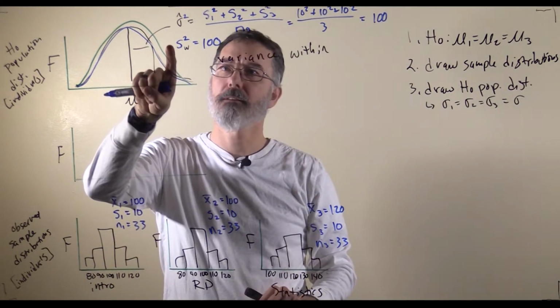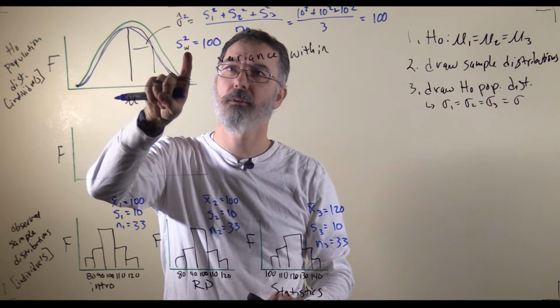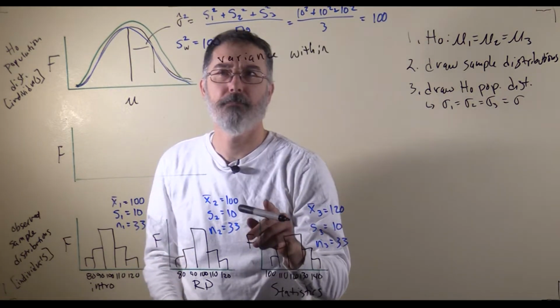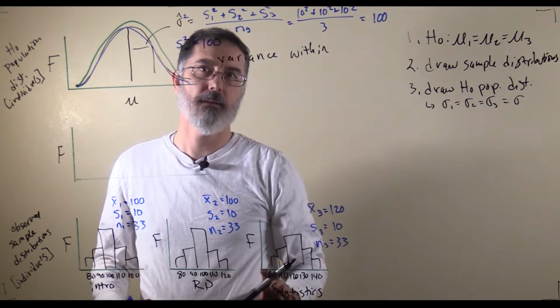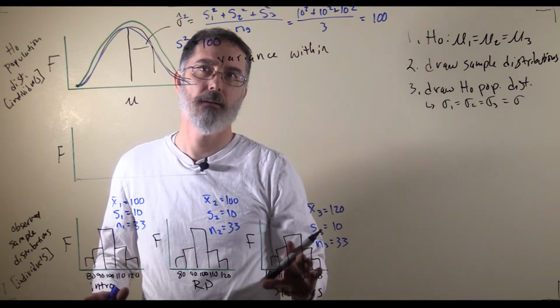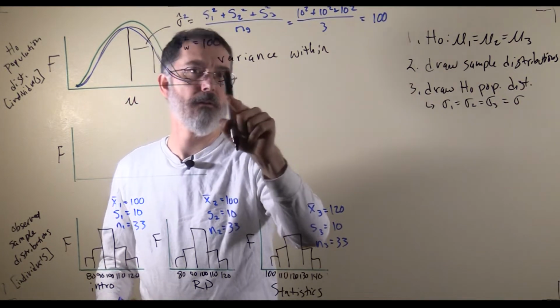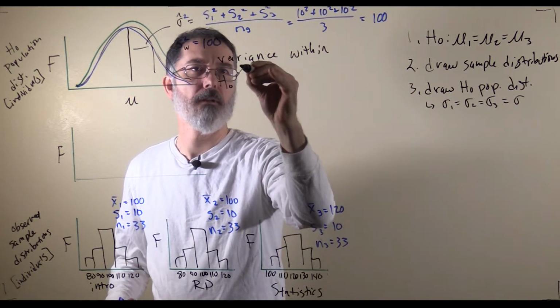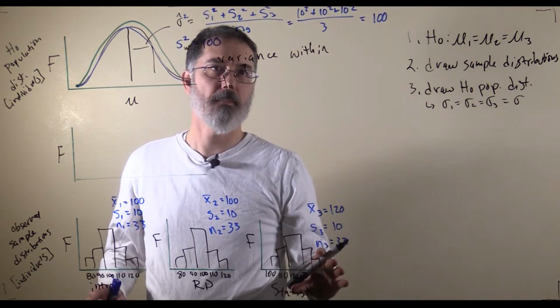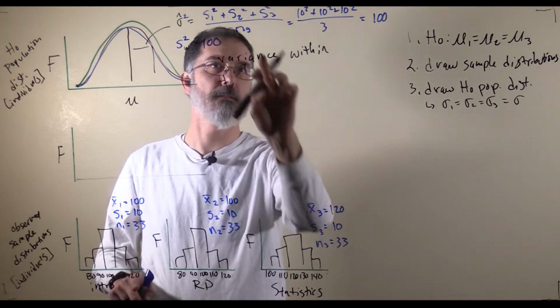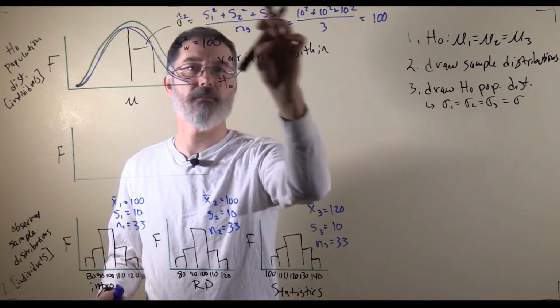So this is the variance s squared, the variance within. And the variance within is how much variability is expected if the null hypothesis is true. So if the null hypothesis is true, the amount of variability that we would expect is just the pooled variance within these three different groups.